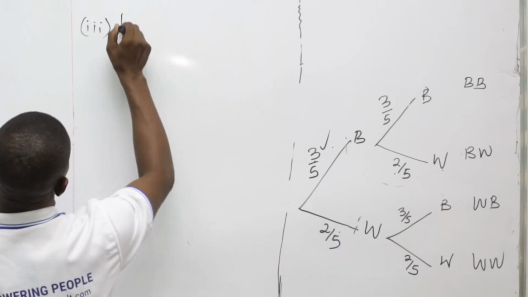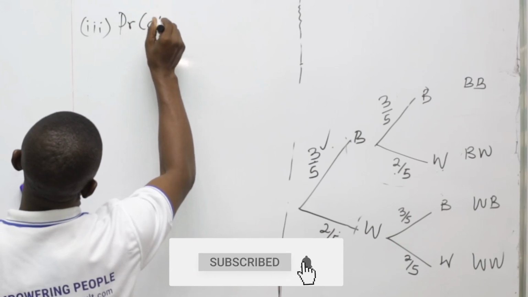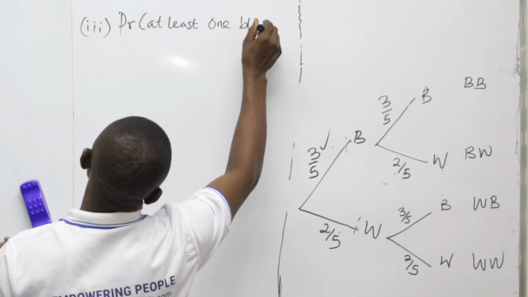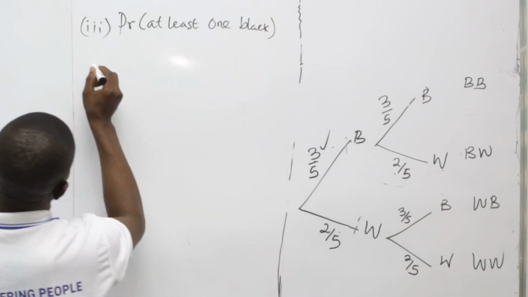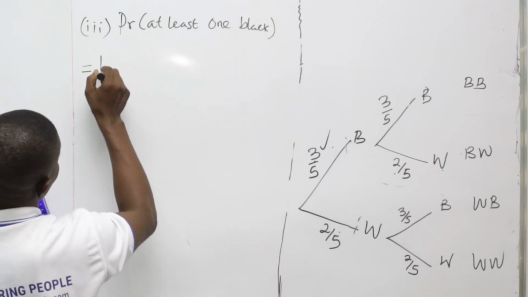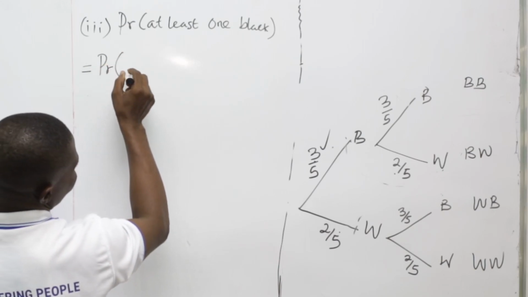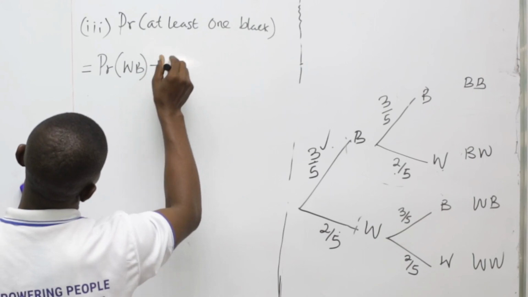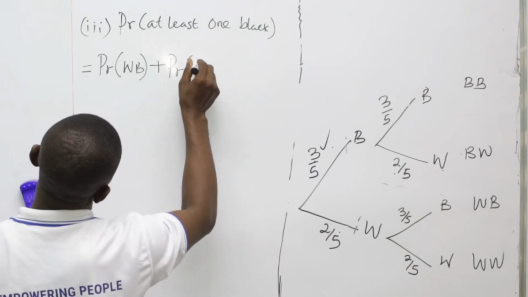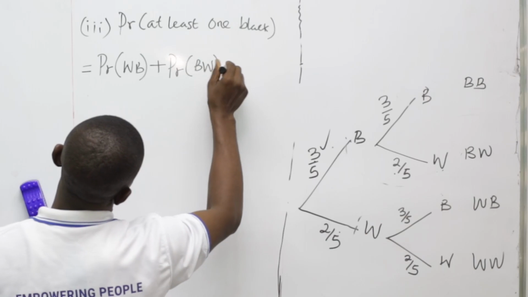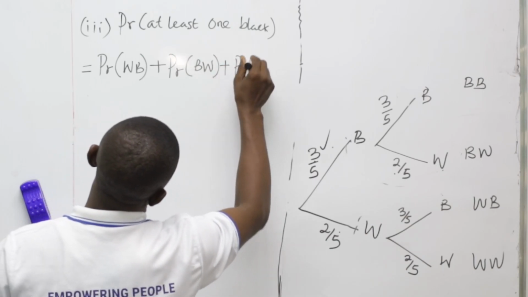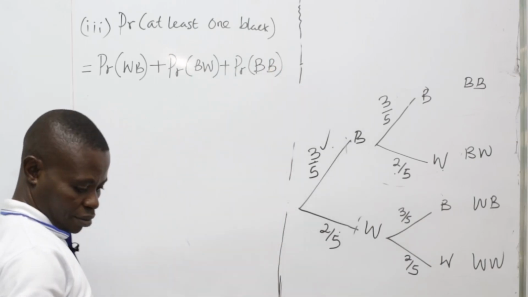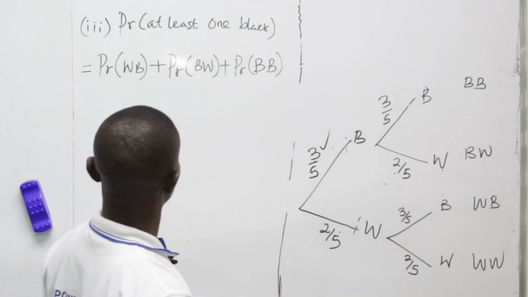So, probability of at least 1 black equals probability of white black, or probability of black white, or probability of black black. It's easy.